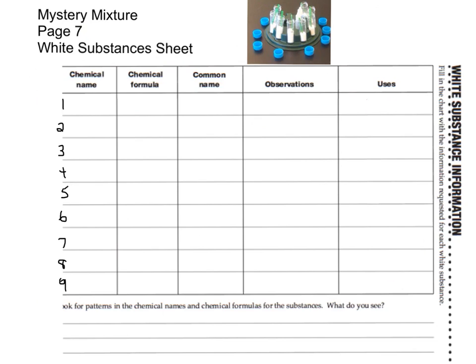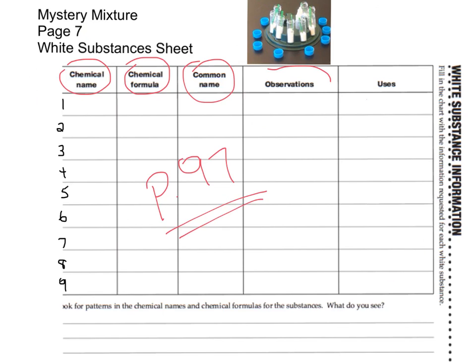So you will be working on using page 97 of your textbook to find out the chemical name, the chemical formula, the common name, making some observations, and then putting a couple uses in each of those rectangles.